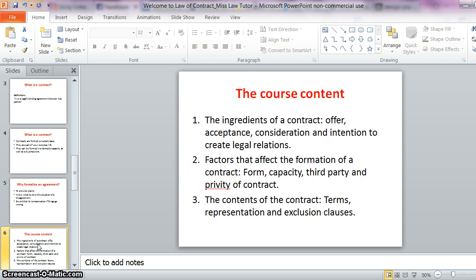And then we're going to be looking at exclusion clauses, because some people like to put exclusion clauses in contracts, whereby I'm not going to be liable. And you might see this every day when you drive into car parks.